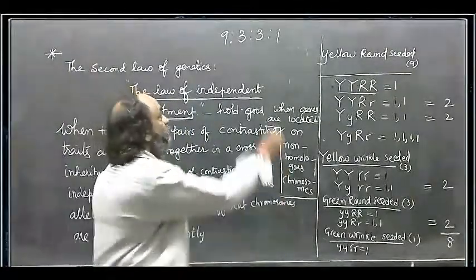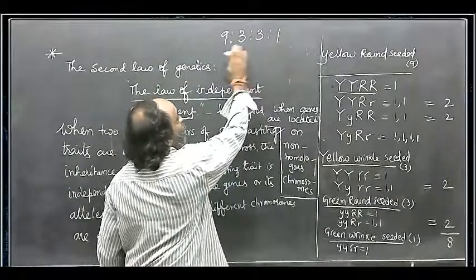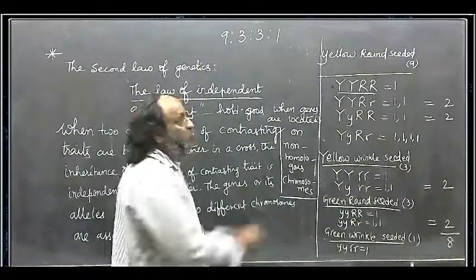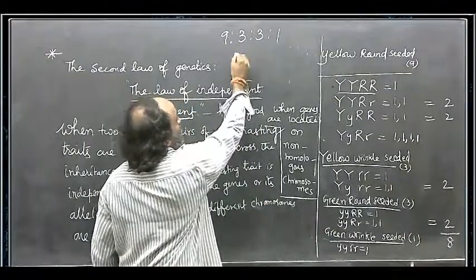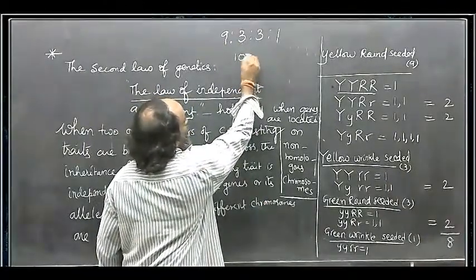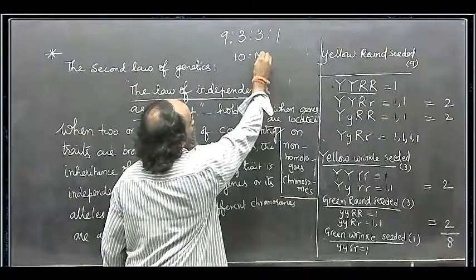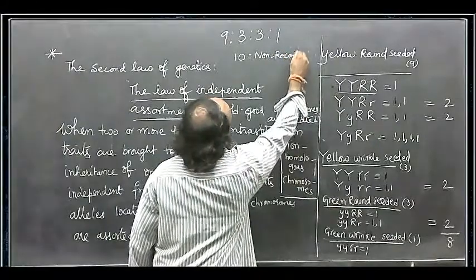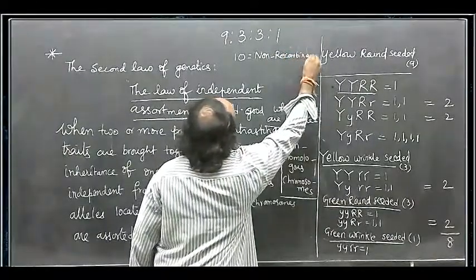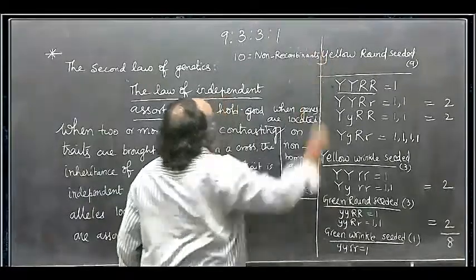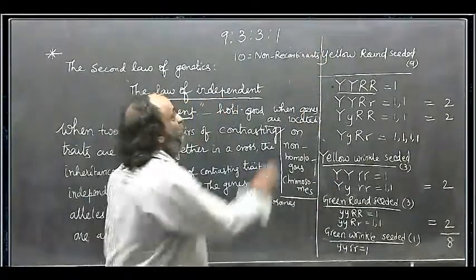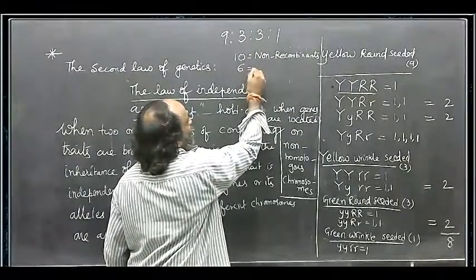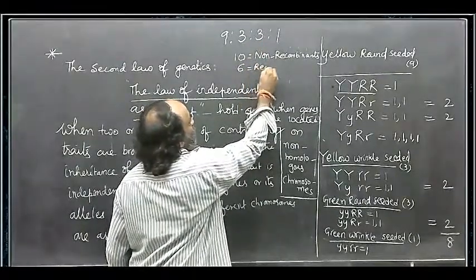Out of 16 offspring or progeny produced in the dihybrid cross F2 generation, 10 of them, 9+1, are non-recombinants. We have discussed in one of my classes what non-recombinants are, and 6 of them, 3+3, are recombinants.